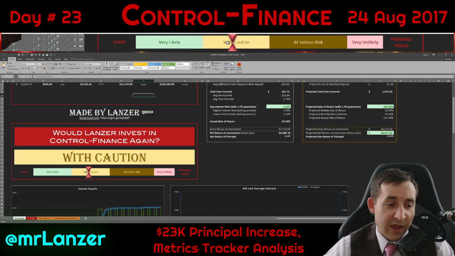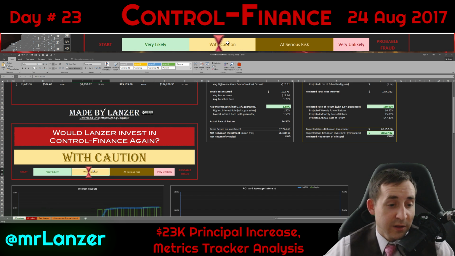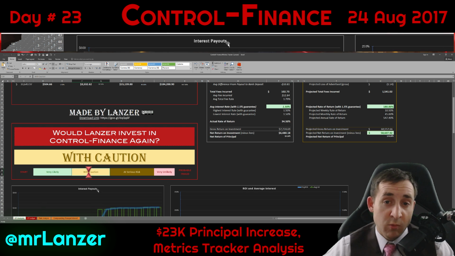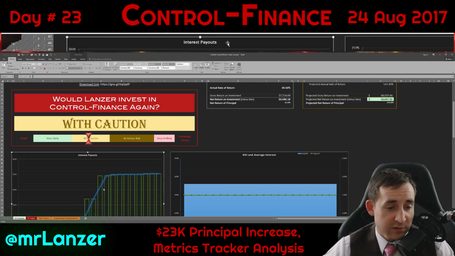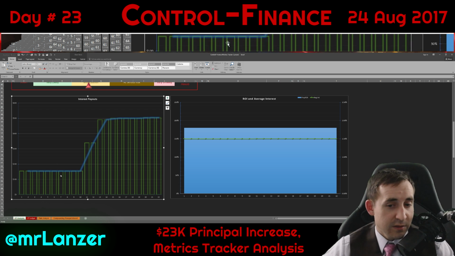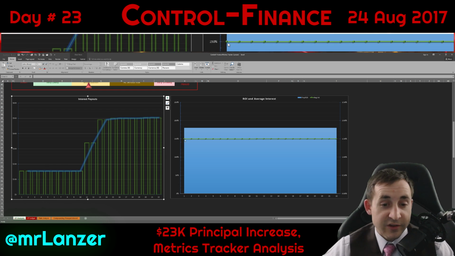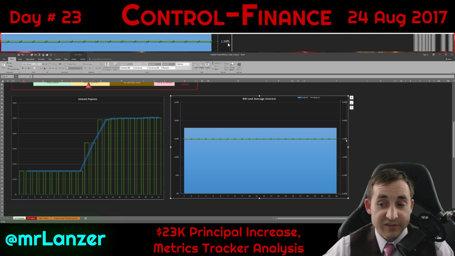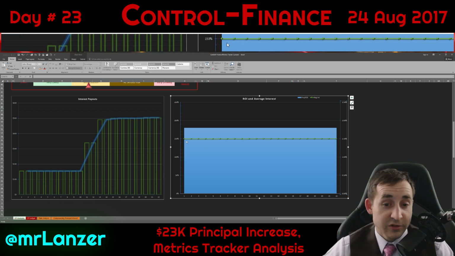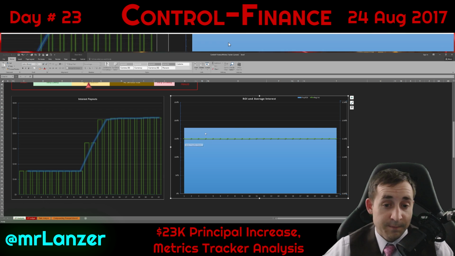A little bit over halfway towards very likely, but it's with caution because since day one, as you can see here in these graphs, the average interest rate has stayed the same at 1.50. It hasn't budged the entire way.